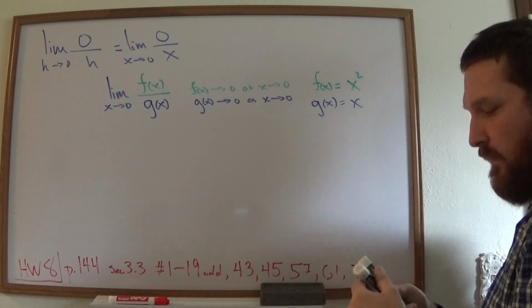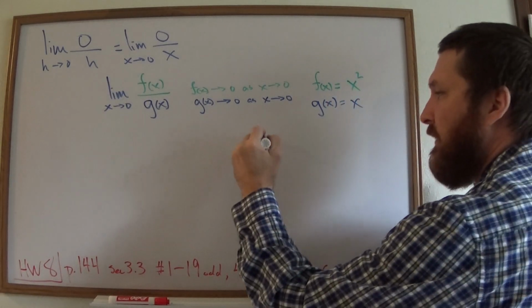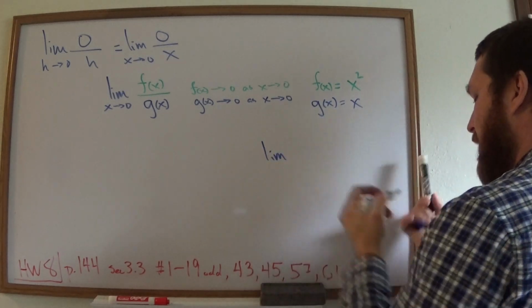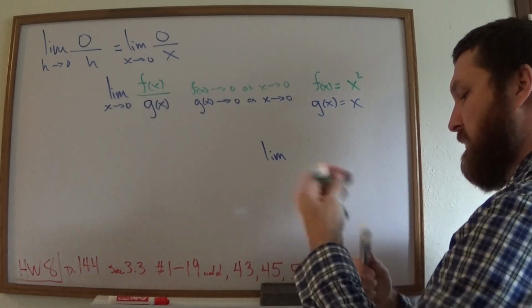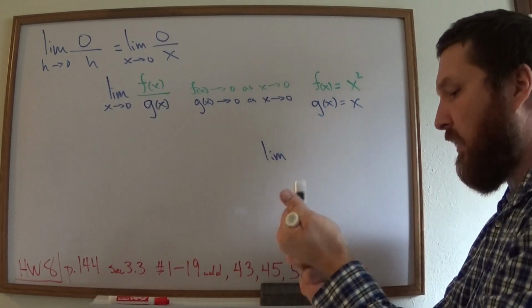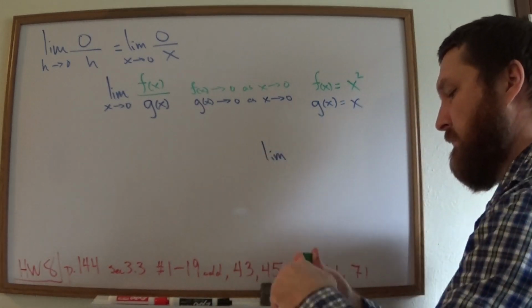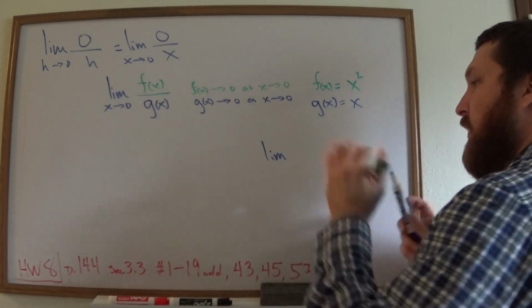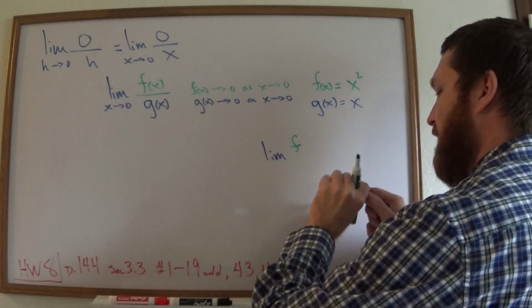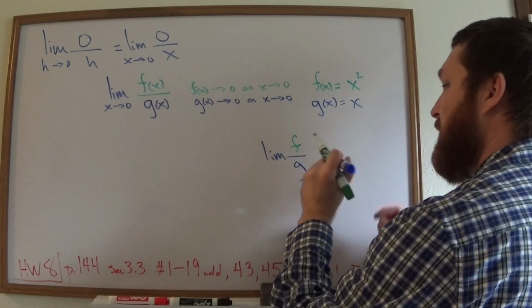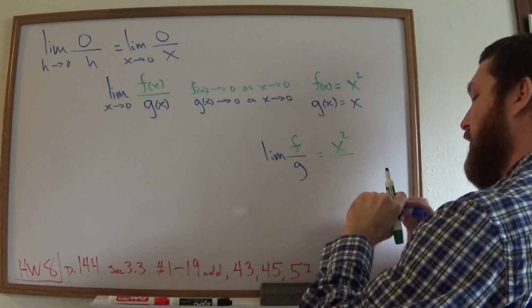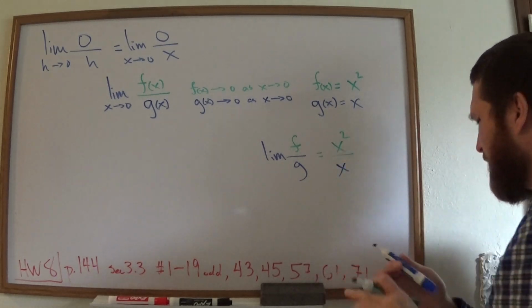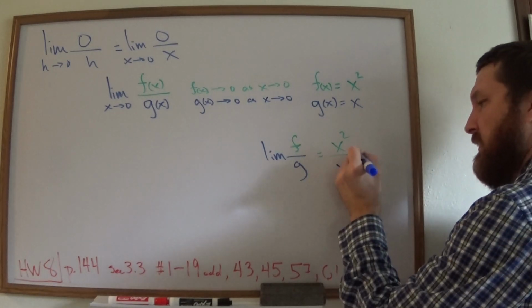Well, one thing we could do is say, the limit of f over g, I do want to keep this color coded, so I'm going to do this. We could say the limit of f over g is the same thing as x squared over x, which is just x.